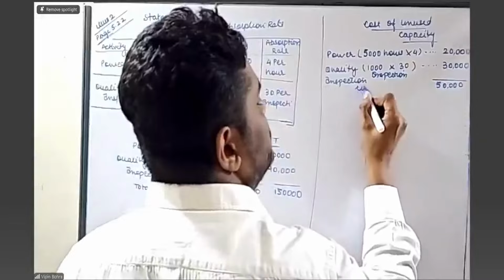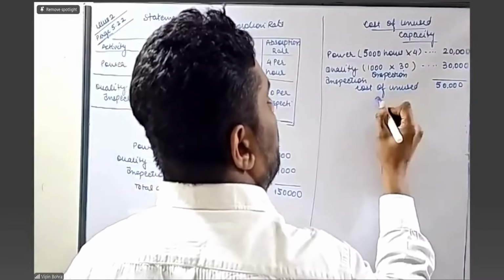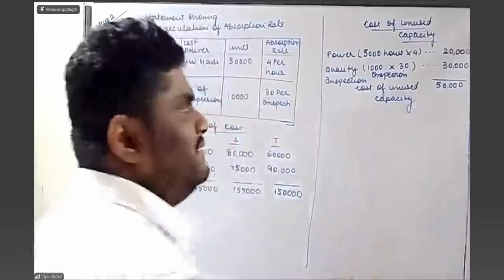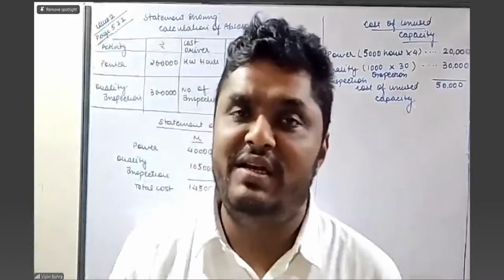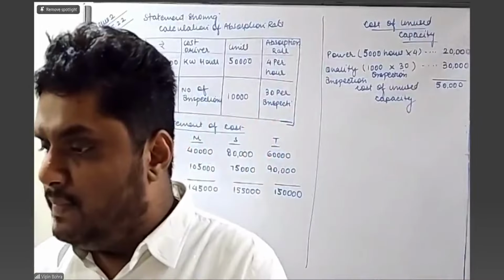So 50,000 is the cost of unused capacity. That's it. So this was the additional point in the question. Rest the question was very easy.